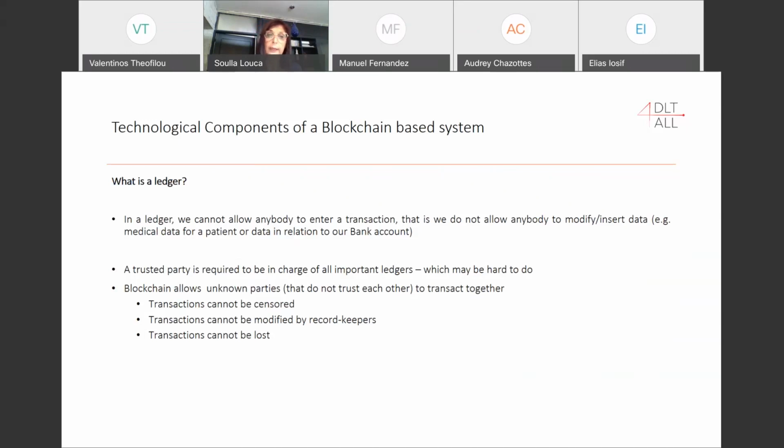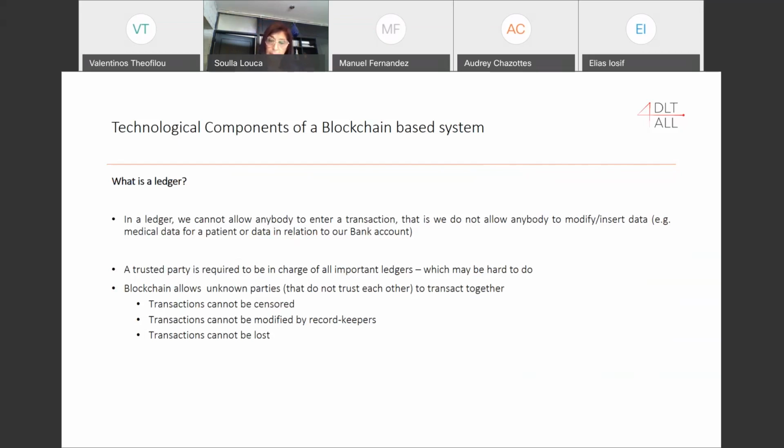So in a centralized system, for these different types of modifications to take place in medical data or in bank accounts, especially in financial transactions, a trusted party is required that is in charge of all the different ledgers. And many times it is hard to find this trusted party.